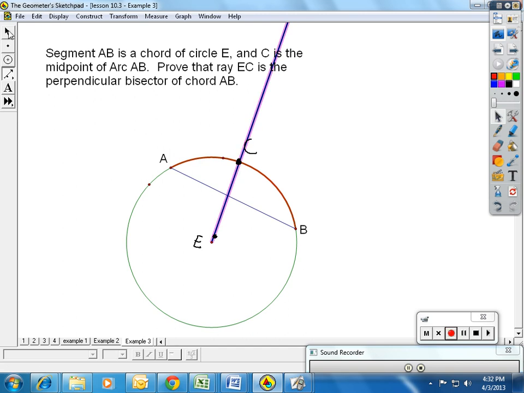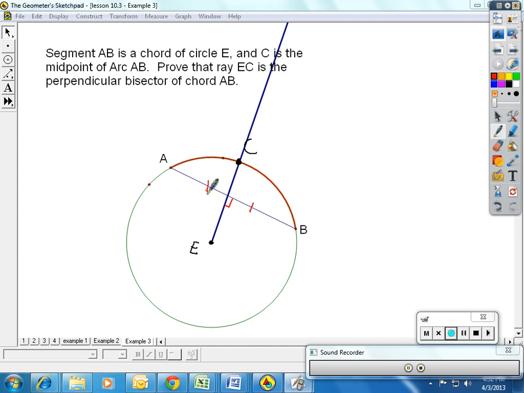There's point through EC. We want to prove that that is the perpendicular bisector of AB. So I'll mark in red what it is we wish to prove. We wish to prove that it's perpendicular and bisector.